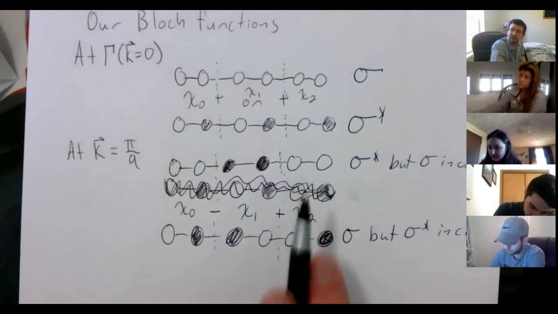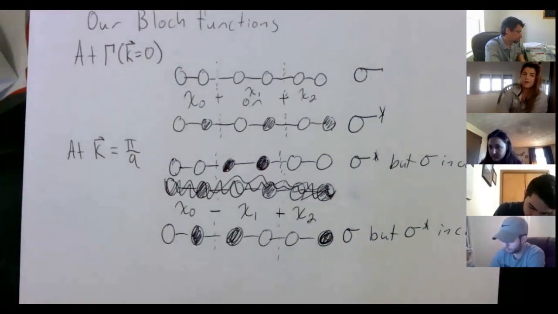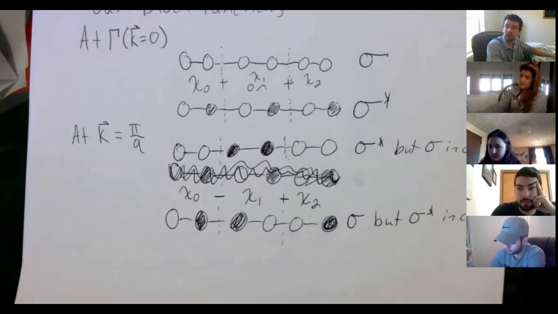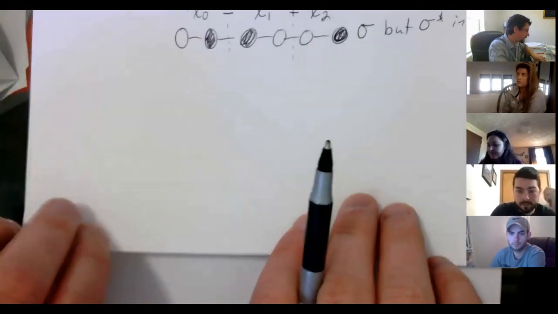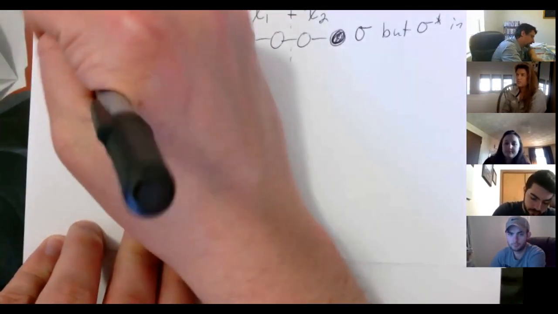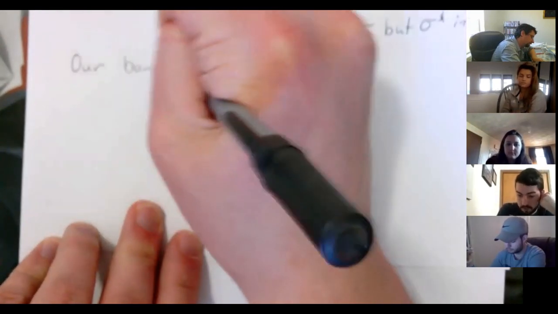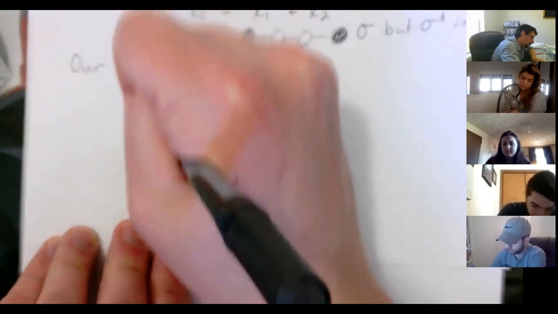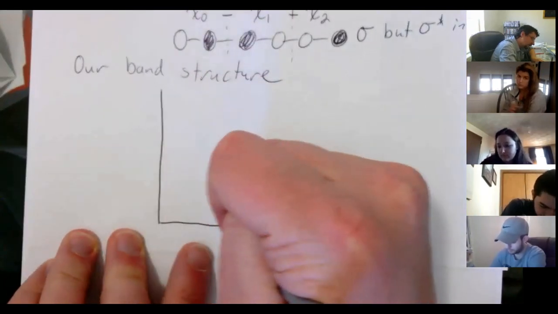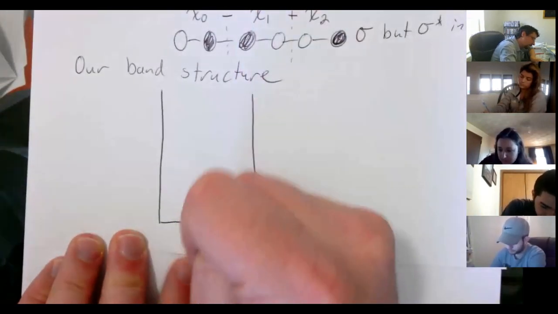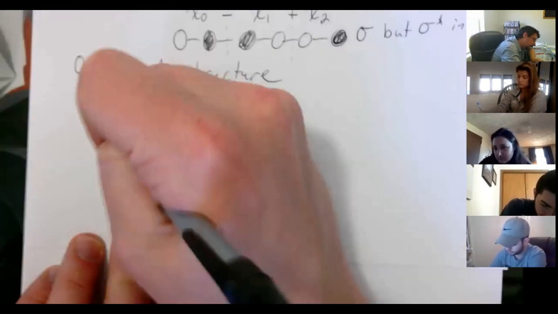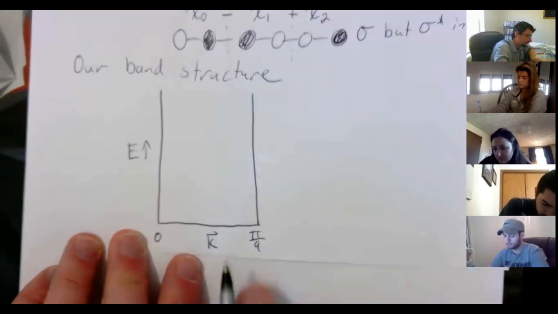So let's try to plot these things out. Am I okay to move this up? Yeah. So now our band structure. We're going to have the same K value, 0 to pi over A. I'm going to keep track of energy.